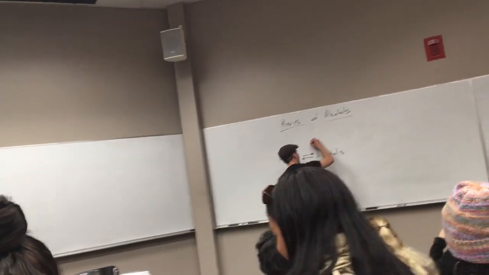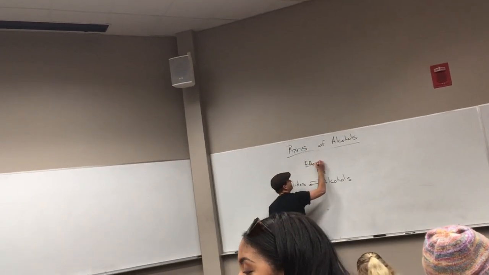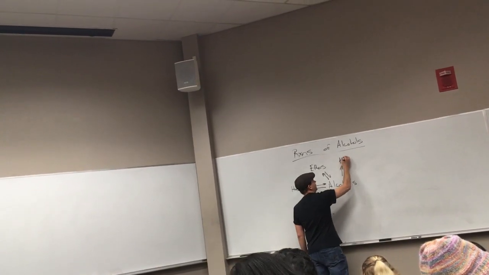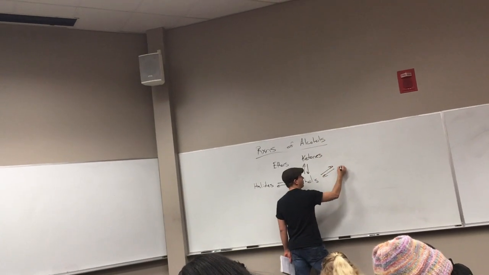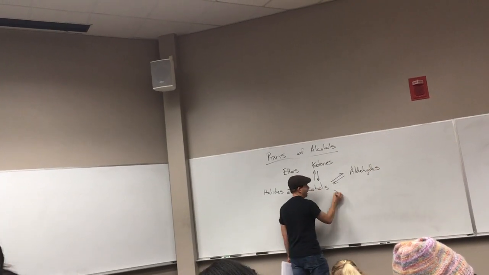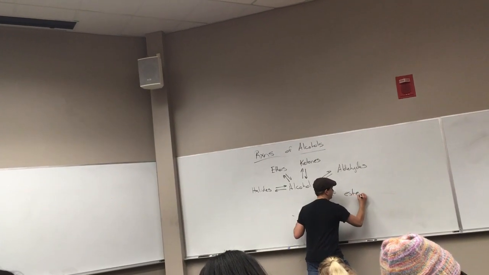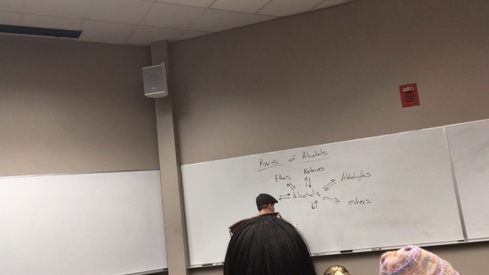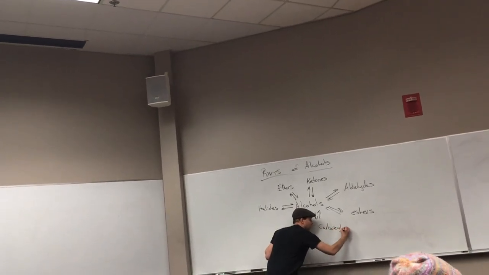I can also turn alcohols back and forth from ethers, as we're going to find out. We can go back and forth between alcohols and ketones, aldehydes, esters, and carboxylic acids.